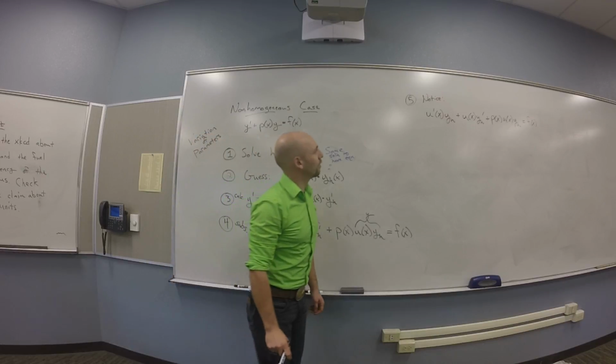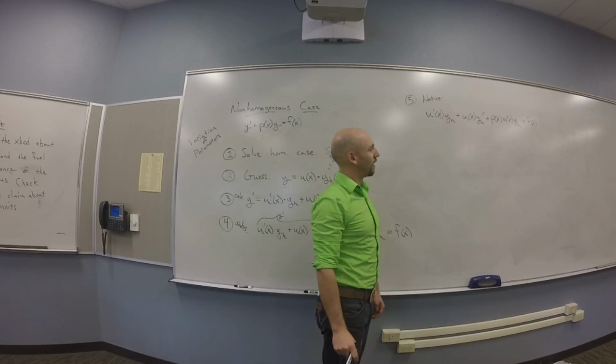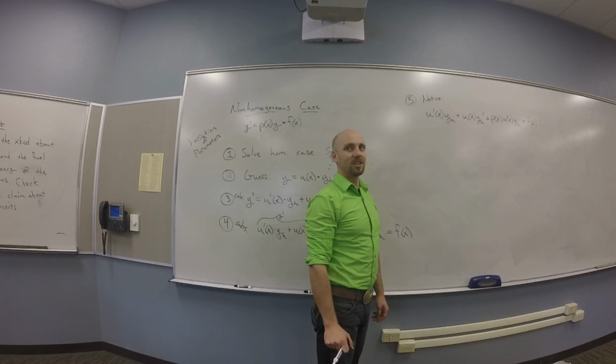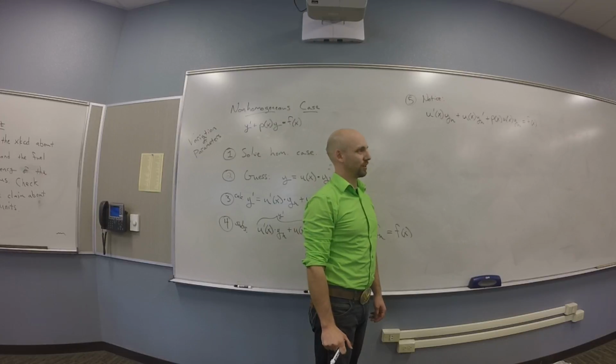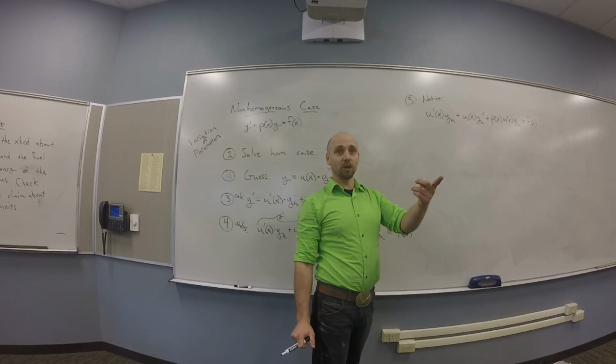In what world would it make sense to get rid of it? Just gotta notice something about yh. What do you know about yh? It doesn't equal 0, because it's not the trivial solution. But what does it solve? Yeah, it solves the homogeneous version, right?